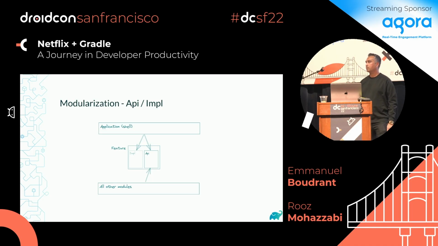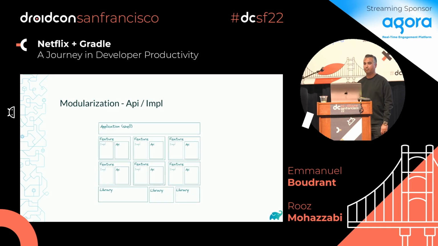So one module is composed of 2 or more Gradle modules, and we have a public API and a hidden implementation. So the application depends on the hidden implementation because it knows what to instantiate, but all the other modules just have a dependency on the public API. And most of the time, you are going to work on your hidden implementation.